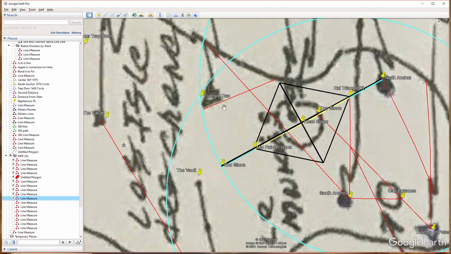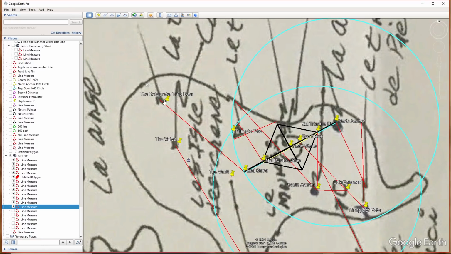And then we have Triangle 2, which not perfectly, but associates itself with the crossed end stone. And we have another indicator of the mid pointer stone on the other side. And then we have up here the hole, and the hole is associated with the end stone.